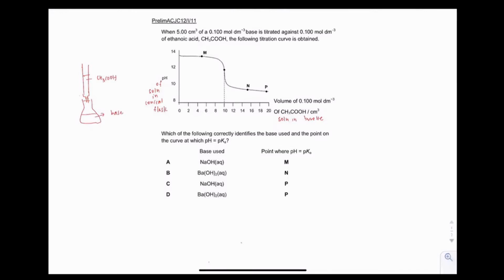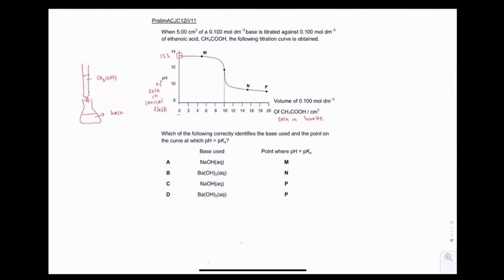Let's look at when I have 0 cm cube of ethanoic acid. The pH in the conical flask is about 13.5. So this means that within the conical flask, you have a base of pH 13.5. And then as I add in my ethanoic acid drop by drop, the pH of my solution will change.